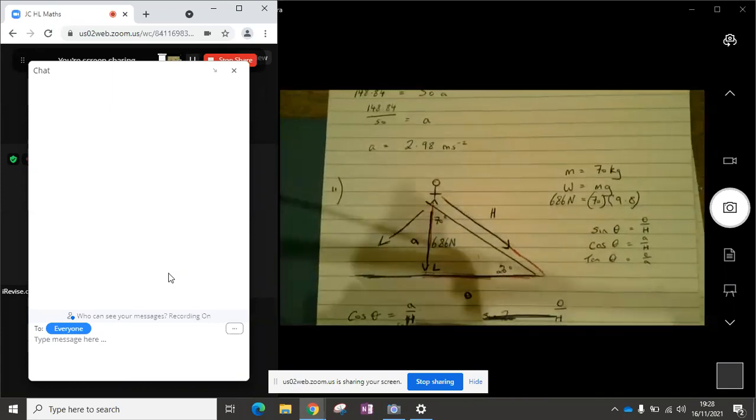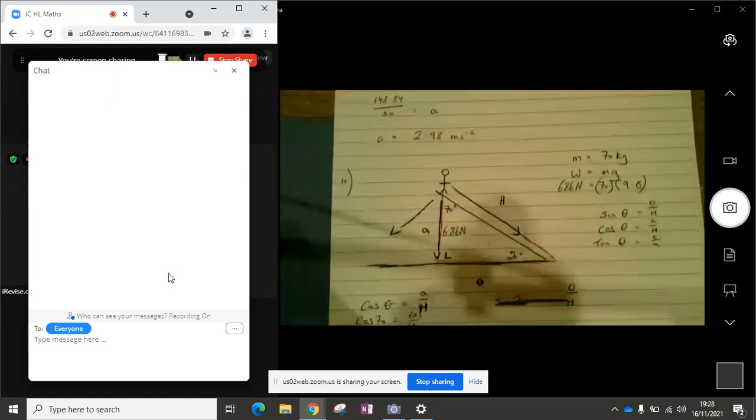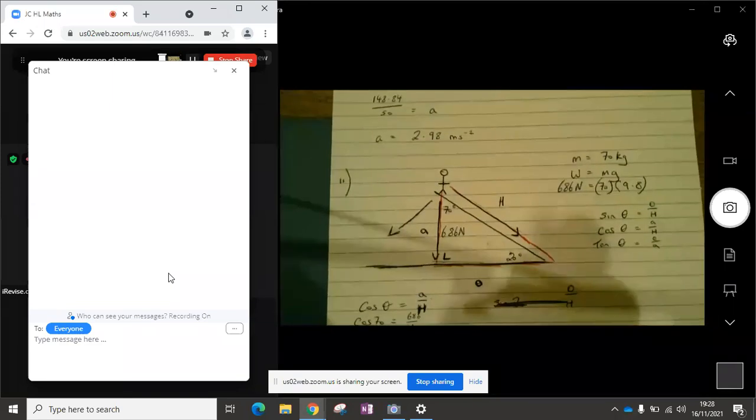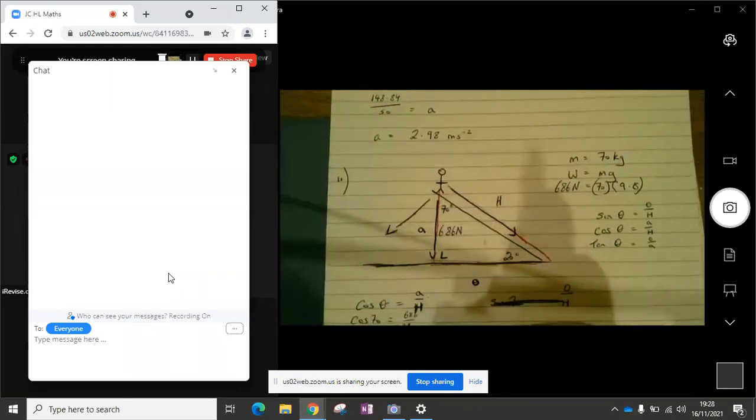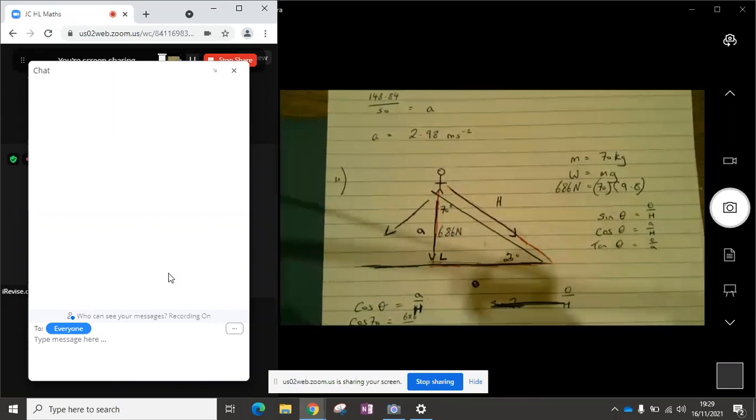What that basically is going to be is, right, I'll flick that around. Sorry, I have it all mixed up now in this drawing. It's going to be 686 cos 70. So 686 cos 70.